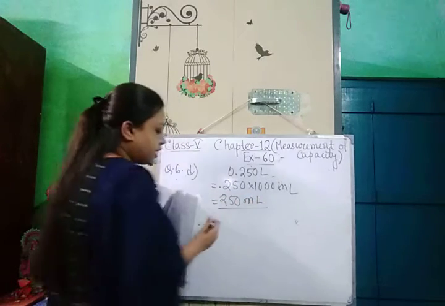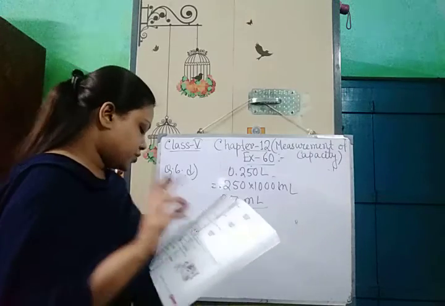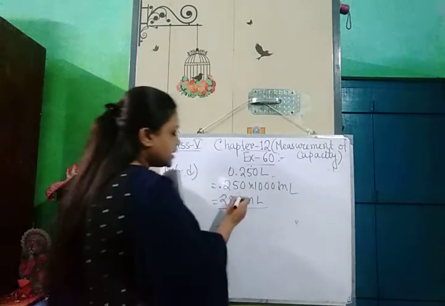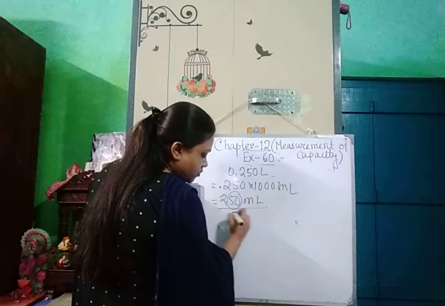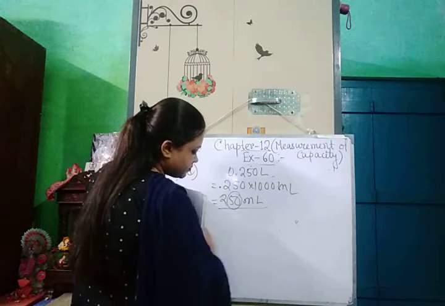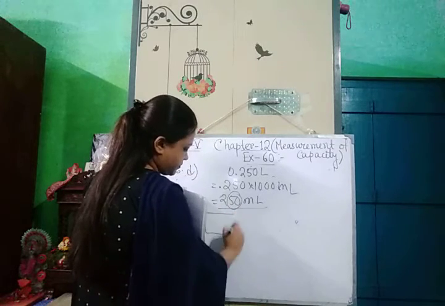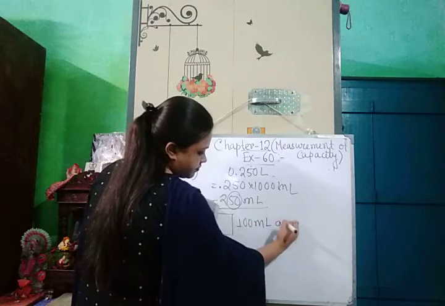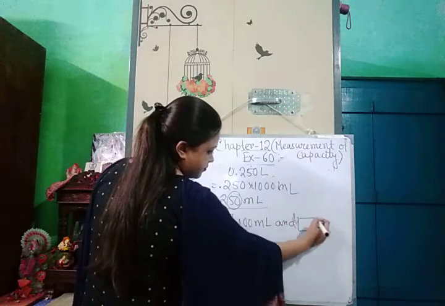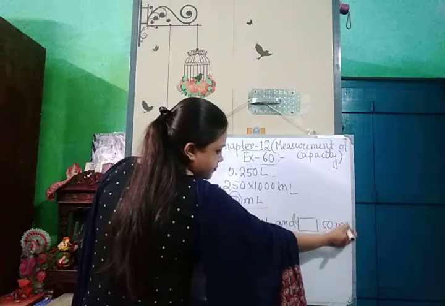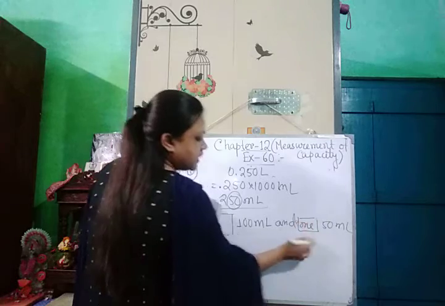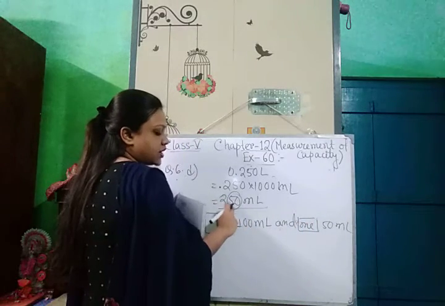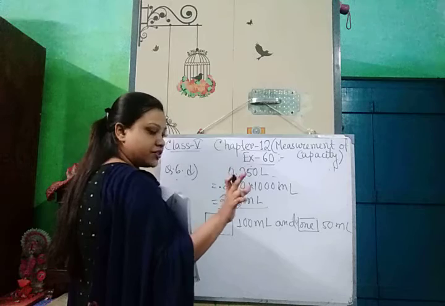Now we have to use 100 ml and 50 ml containers. One 50 ml container will contain 50 ml and remaining is 250 minus 50, so remaining 200 ml.